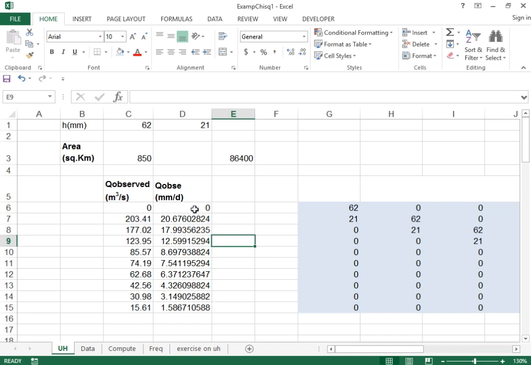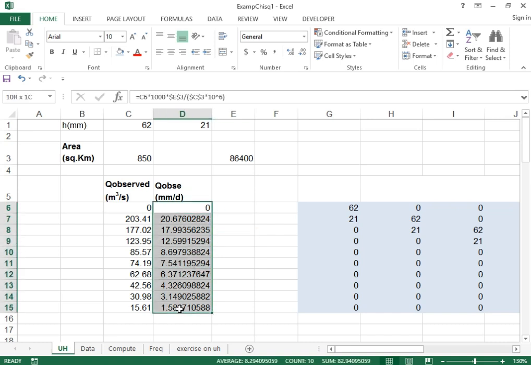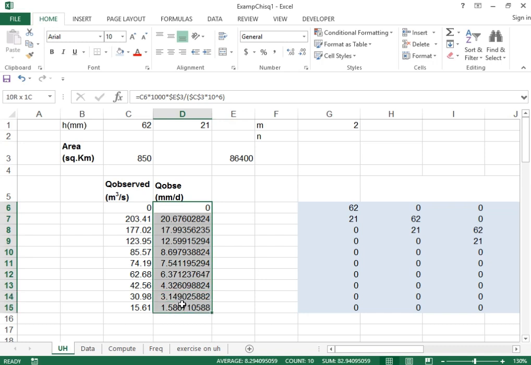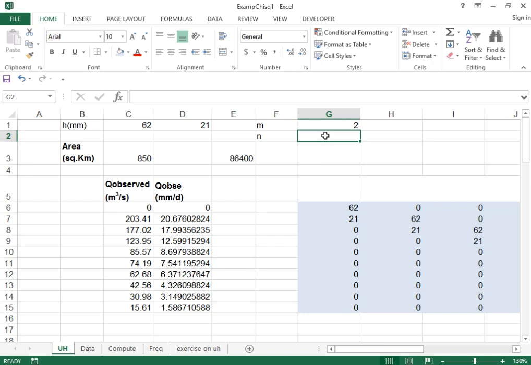So if you have this record, from this you can get that M is 2. And N, the number of N here, you can count this one, N is 10.